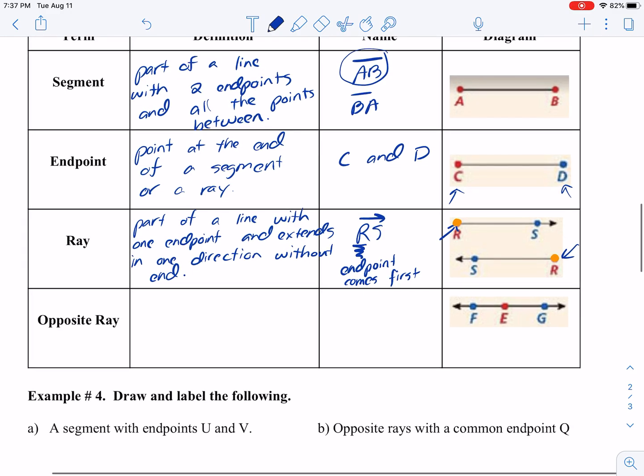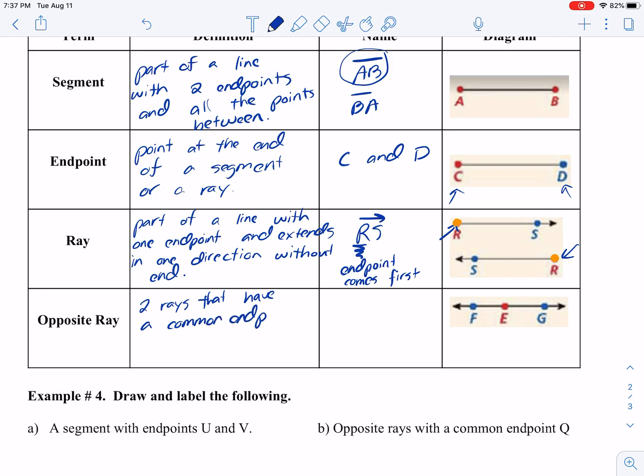An opposite ray is 2 rays that have a common endpoint and form a straight line. Once again, make sure when you're naming opposite rays, you need the endpoint to be first.